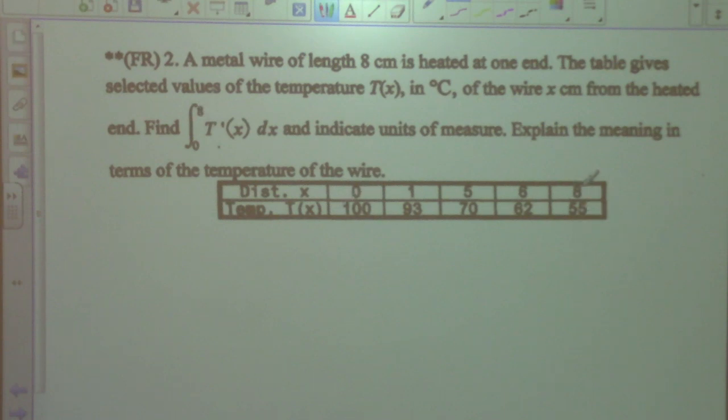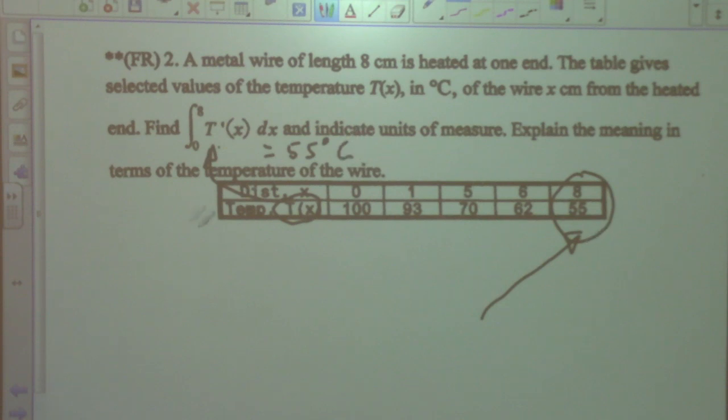It's going to be 55, because that's the accumulated decrease in temperature all the way there. So the amount is the integral of the rate, and this tells you exactly what that is. So your answer is going to be 55 degrees, and that's degrees C.